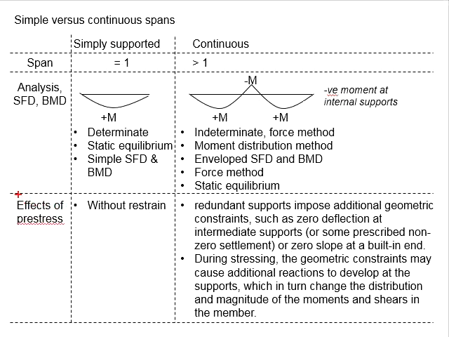In terms of the effects of the pre-stressing force, there will be no restraint for the simply supported member. That means this pre-stressing force will not impose additional stress, which would be contributed by the reaction. However, for the continuous member, there will be redundant supports that can impose additional geometrical constraints, such as zero deflection at the intermediate support.